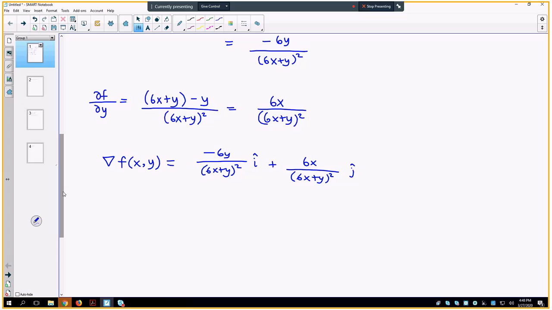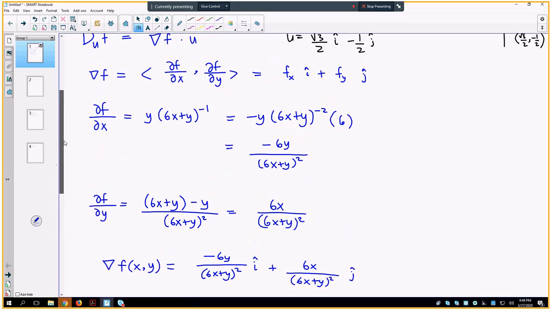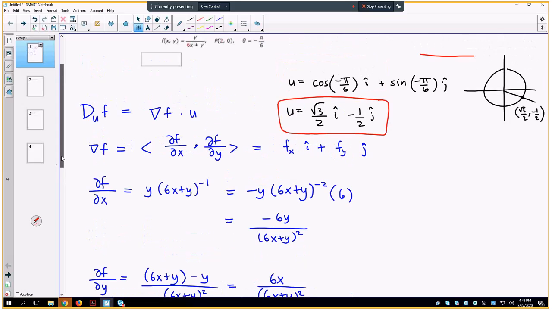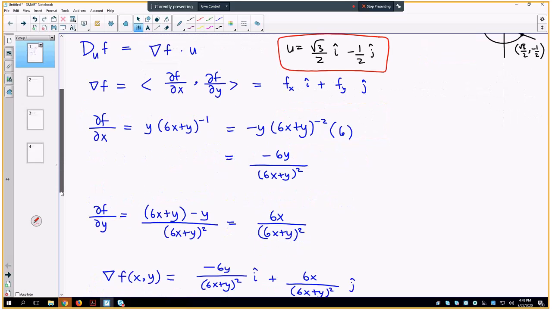Okay, so that's one piece of the puzzle. And we have our unit vector, which was square root of 3 over 2 i cap plus minus 1/2 j cap. We need to take the dot product. And finally, we're going to evaluate it at the point 2, 0.